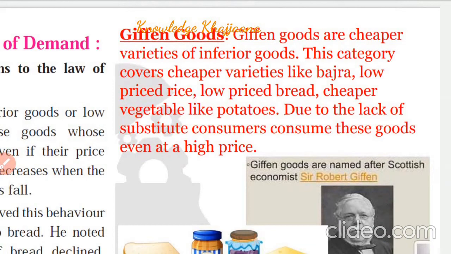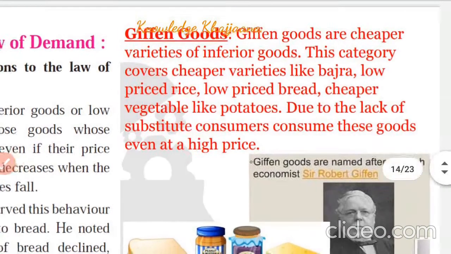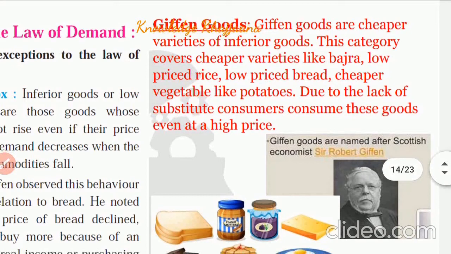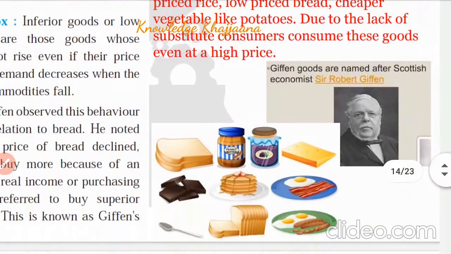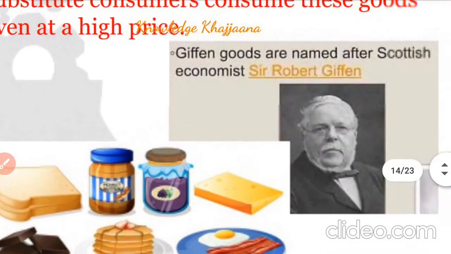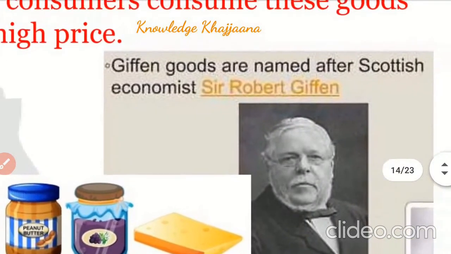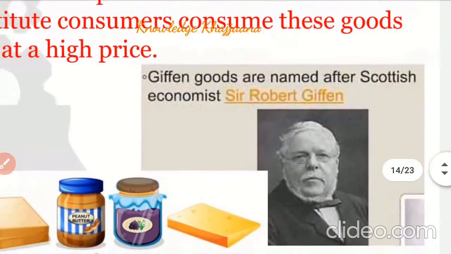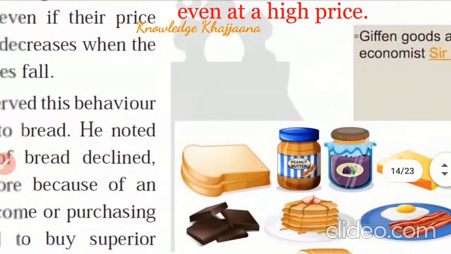See, when they feel that the price of the inferior good has decreased, what do they do? Due to the lack of substitutes, the consumers consume these goods even at a higher price. This was propagated by Sir Robert Giffen, and those goods are named after Scottish economist Sir Robert Giffen.